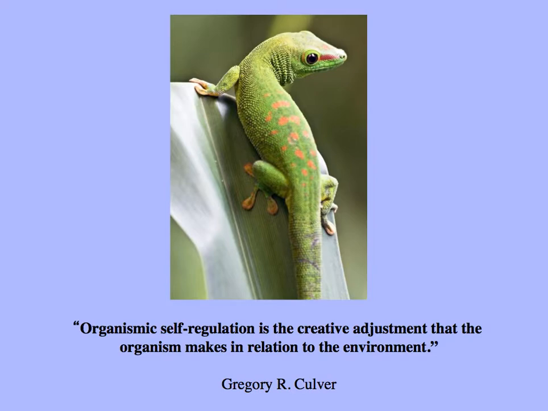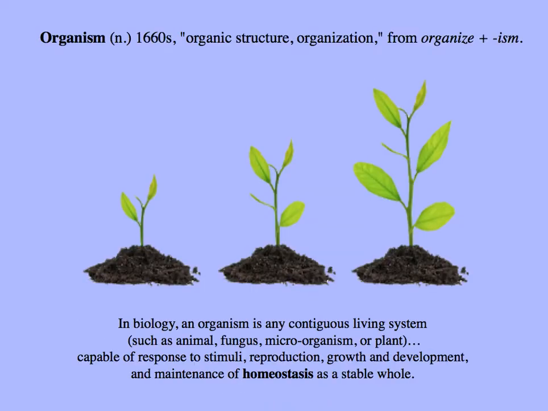So like this lizard here has lost his tail, and he has the amazing ability to self-regulate to reconstruct a tail. We don't have that ability, but we do have the ability to modify our behavior, modify ourselves, our world, as we adjust to what's going on in the environment. And that's this ongoing process of organismic self-regulation.